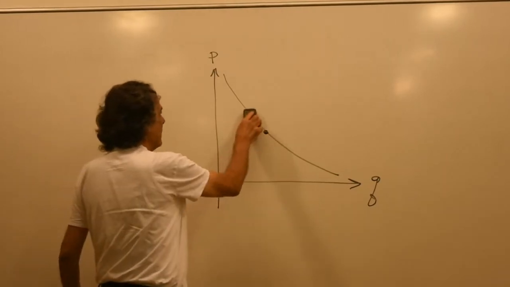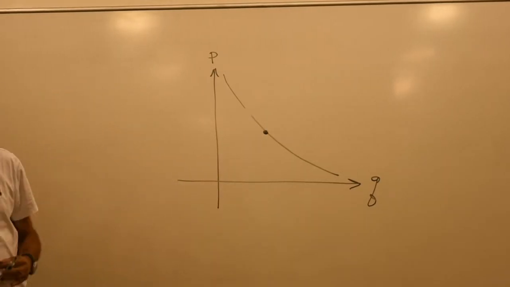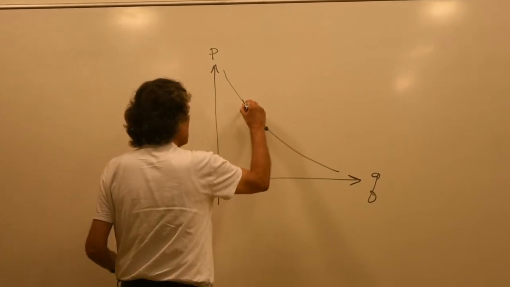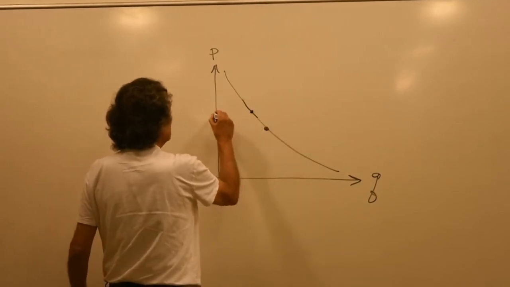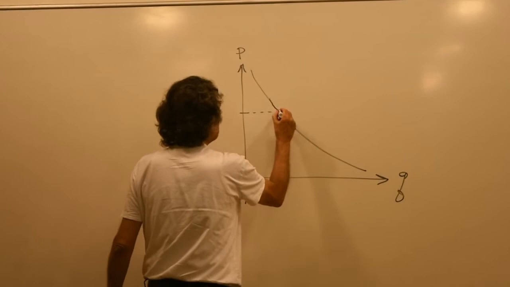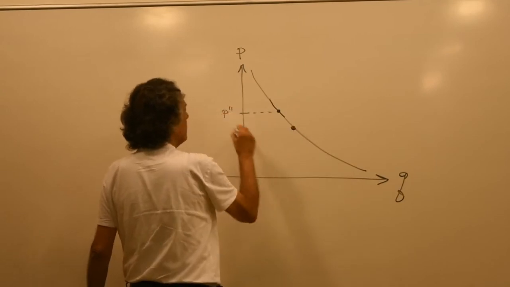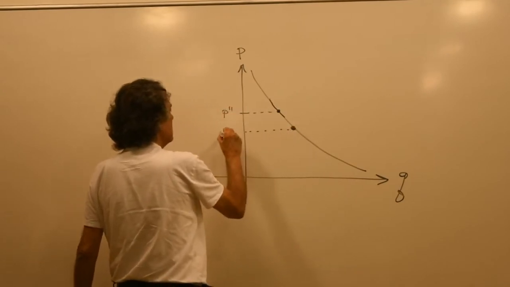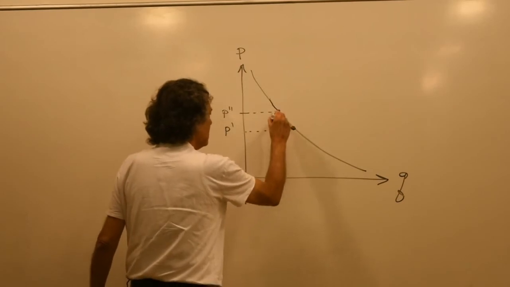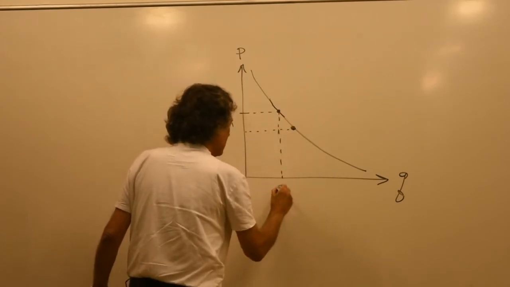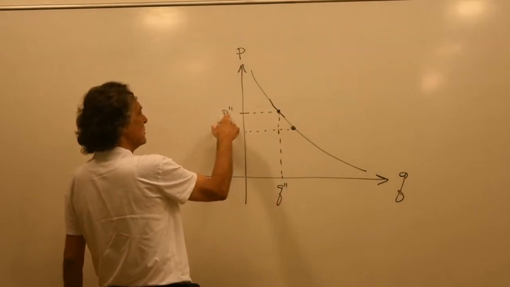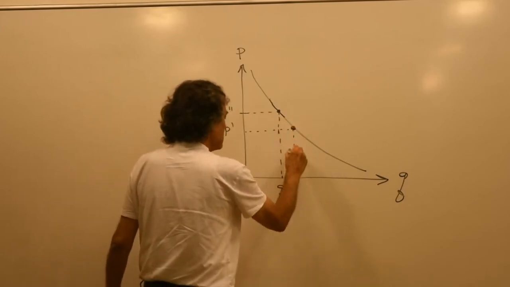But if they are quite close to each other, not very close, but quite close, so let's say I have these 2 points. So this is P double prime, and this is P prime, and this is Q double prime that associates with P double prime, and this is Q prime.